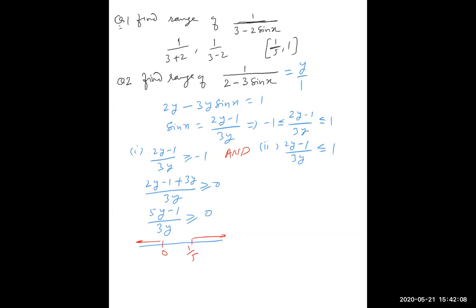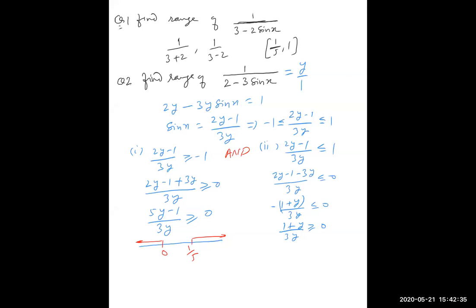Similarly, solve the second one. You will get 2y minus 1 minus 3y upon 3y less than 0. So minus 1 minus y. So take minus outside upon 3y less than 0. So 1 plus y upon 3y greater than 0.